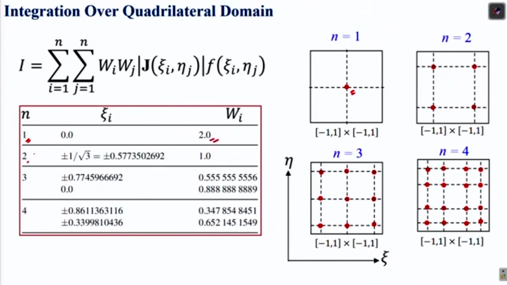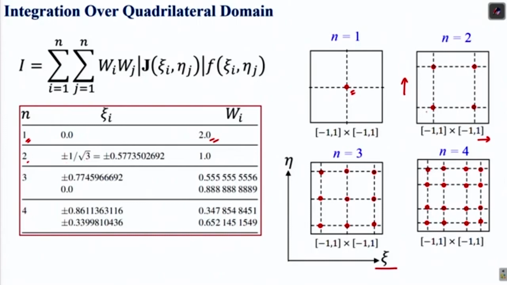Now for the 2-point rule, n is equal to 2, we have 4 points, because along the xi direction we have 2 points and along the eta direction we have 2 points. Now what are the coordinates of those points? In the xi direction, the positions of the integration points will be -1 by root 3 and +1 by root 3.